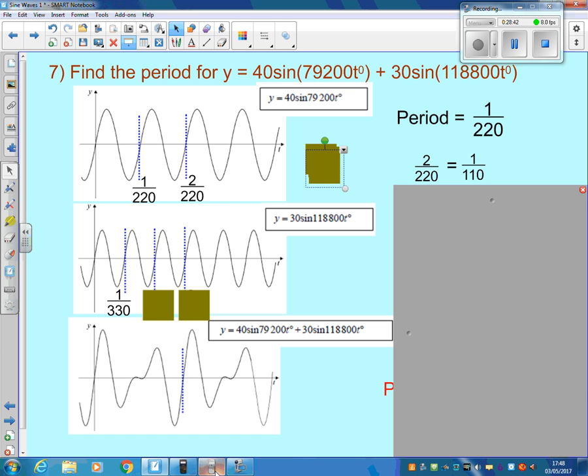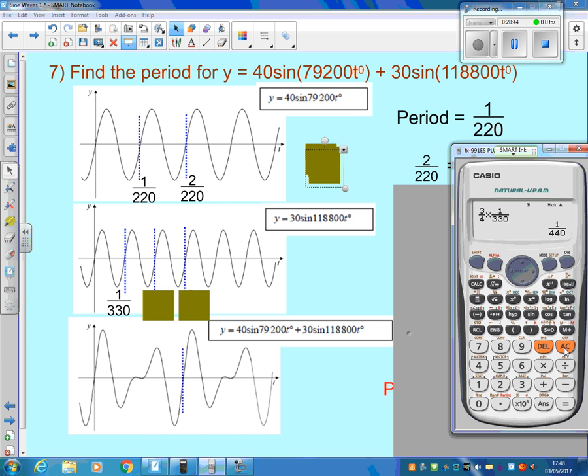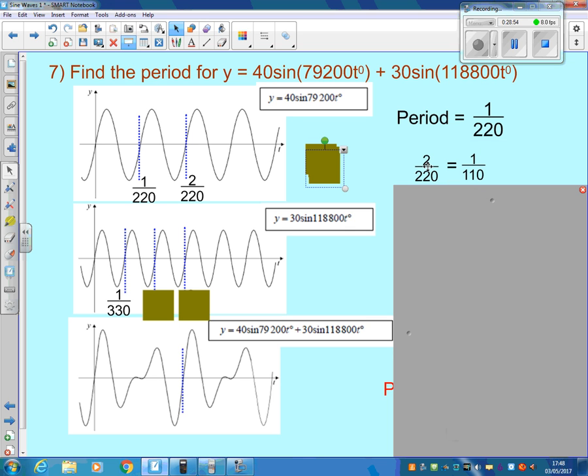But if I typed into my calculator 2 over 220, you see it cancels to 1 over 110. So that one is 1 over 220. The next one, 2 over 220, is the same as 1 over 110. And I can keep going if I wanted to. I could do my next one, which would be 3 over 220. That wouldn't cancel.